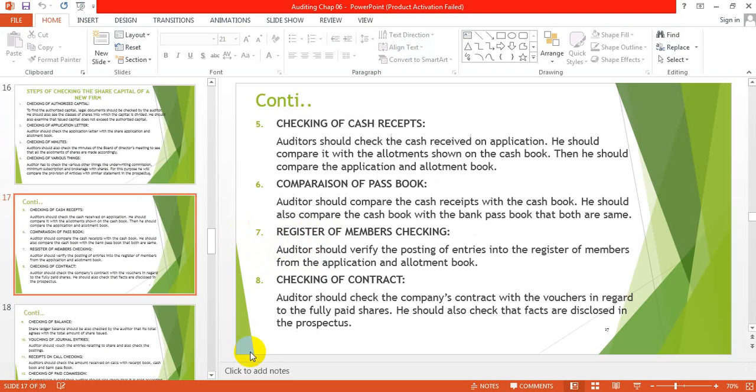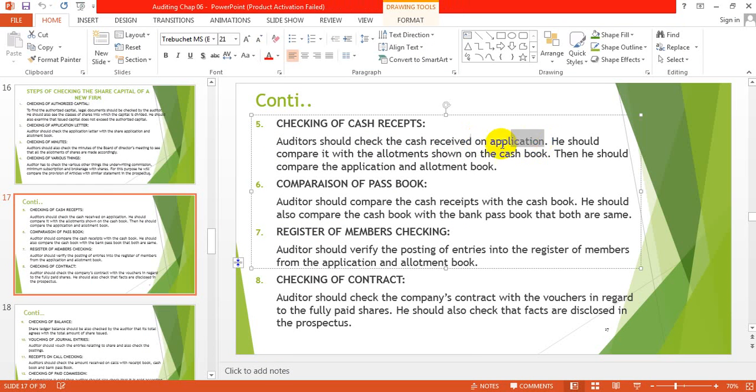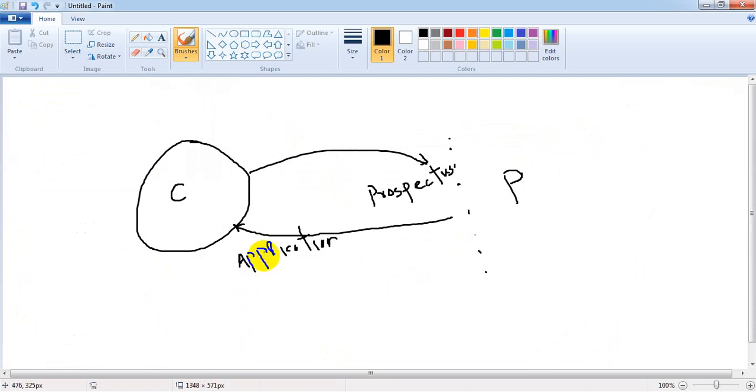Now here is the same situation. Auditors should check the cash received on application, how much cash is received on the applications. He should compare it with allotments shown on the cash book. Now, after receiving the application, the company will decide whether to allot shares to this shareholder or not.